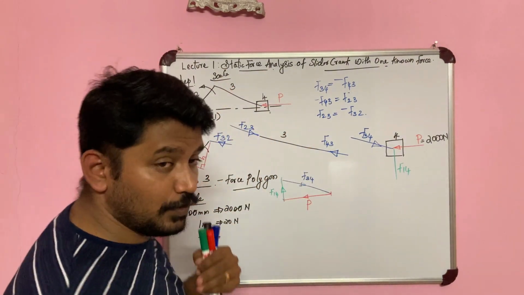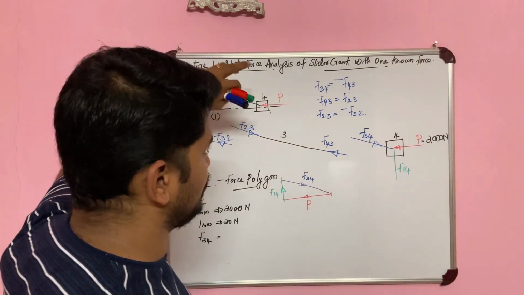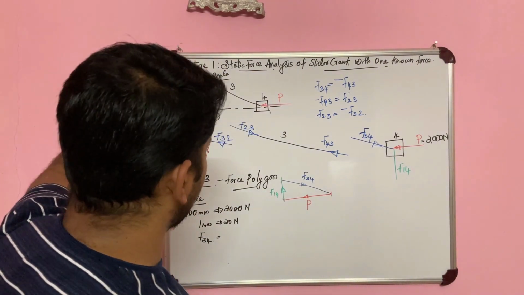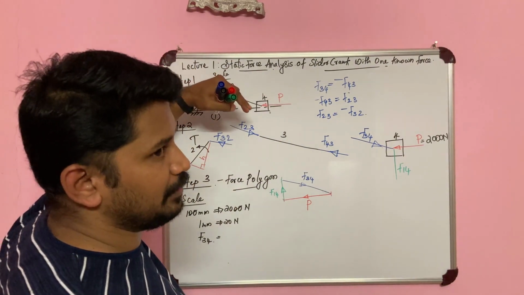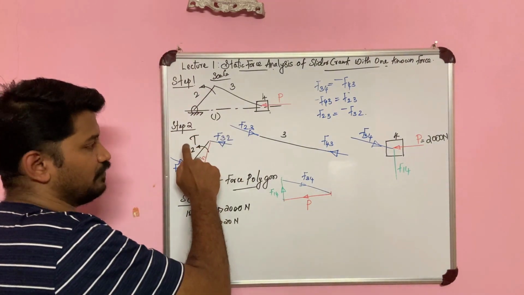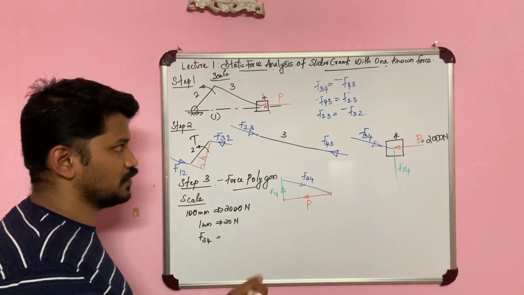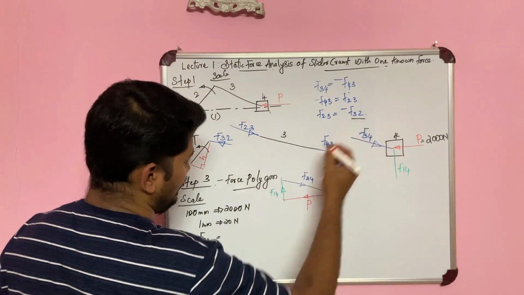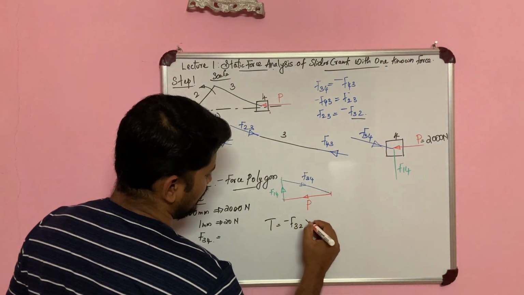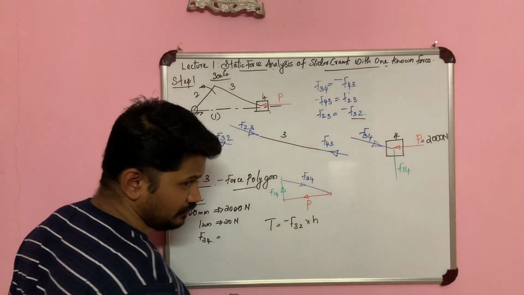So what I have to find out is the input torque that is required to keep the system in equilibrium. For that, my input torque will always be opposite to the torque that I'm finding out over here, right? So this one is in the anti-clockwise direction, so I'm going to take it as negative. So here T is equal to minus of F32 into H. So I'll be getting a negative value over here, right?